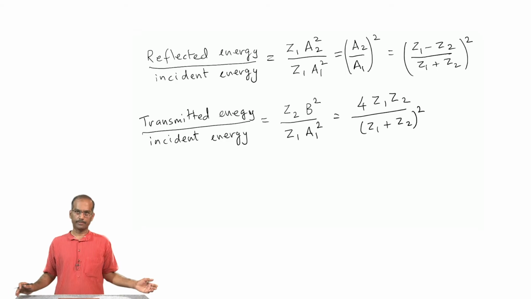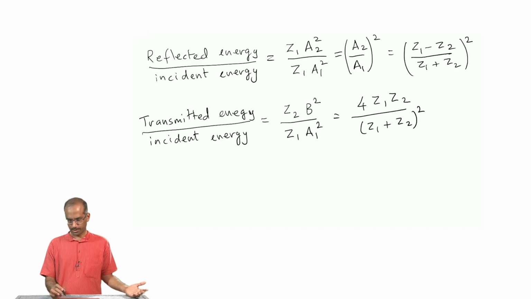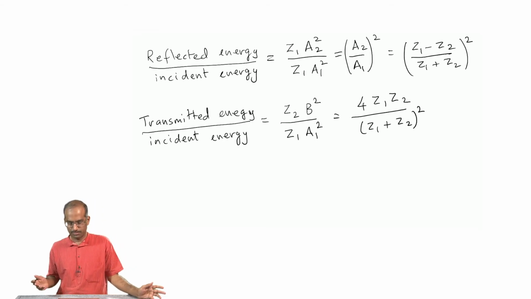For instance, what happens if Z1 is equal to Z2? In that case, this ratio, the reflected energy by incident energy, would go to 0, because you have the term Z1 minus Z2. If both are equal, that is going to be 0. And what will happen to transmitted energy if Z1 and Z2 are equal?